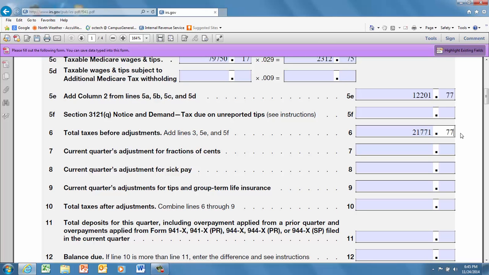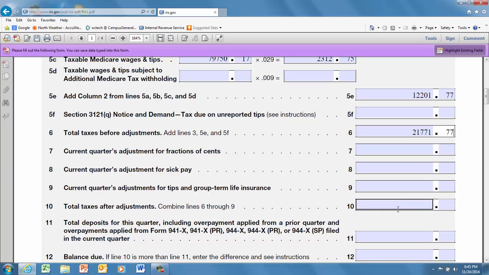Okay, and so I'm going to say that we had deposits of $21,771.83. Okay, so we sent in 6 cents too much.